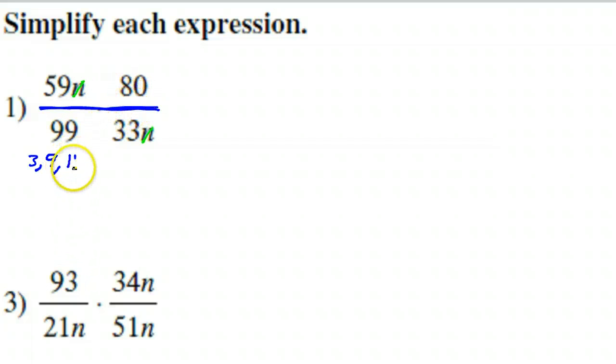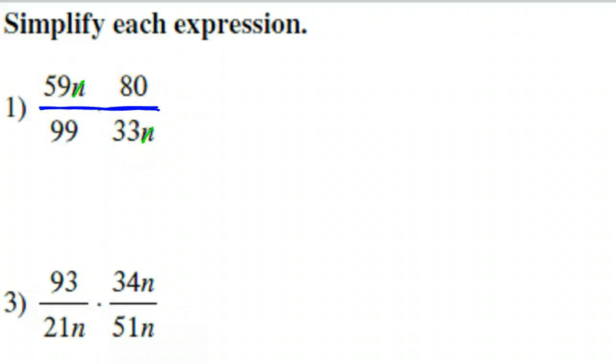Same thing with the 33. 33 is divisible by 3 and 11, but 80 is not divisible by 3 or 11. So there's no numerator and denominator that are both divisible by the same thing. That means there's no reducing that I can do. So all I can really do is multiply these together.